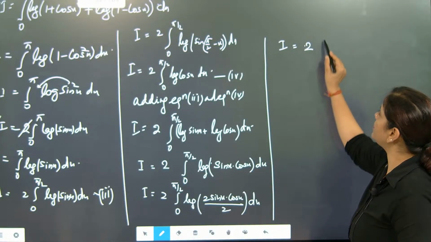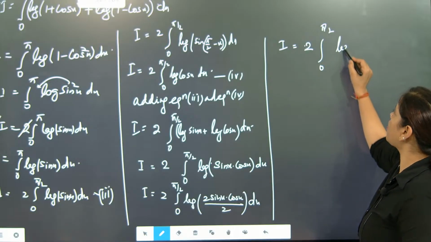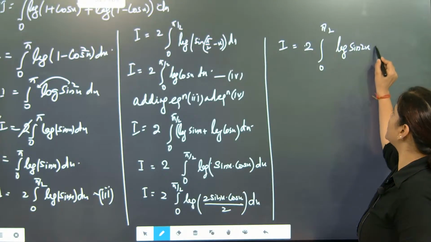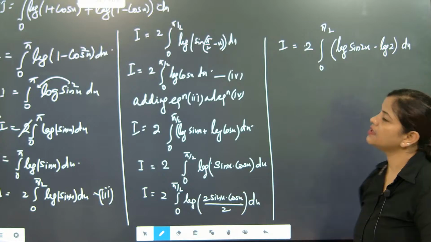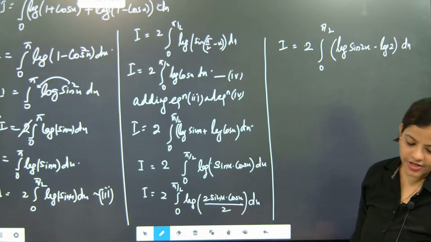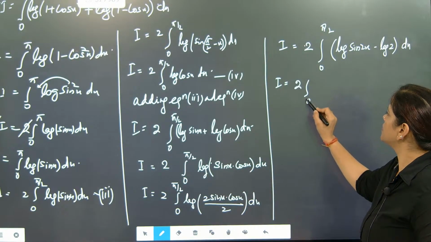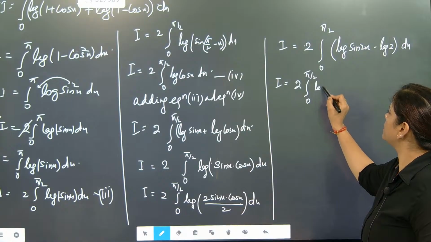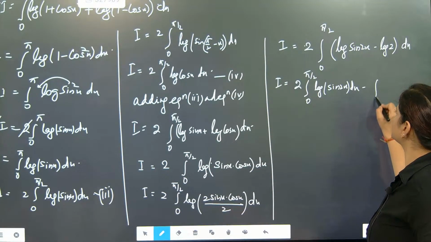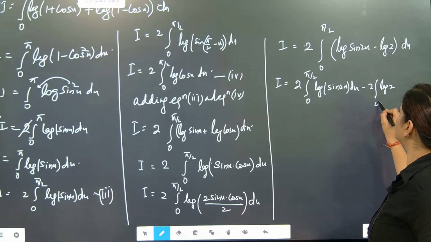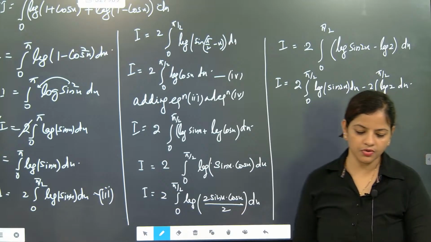So 2 will be as it is, the integral from 0 to pi by 2. This section will become log sin 2x minus log 2 dx. Now beta, I is equal to 2 times the integral from 0 to pi by 2 of log sin 2x dx minus 2 log 2 times the integral from 0 to pi by 2 of dx. Done? Note down.